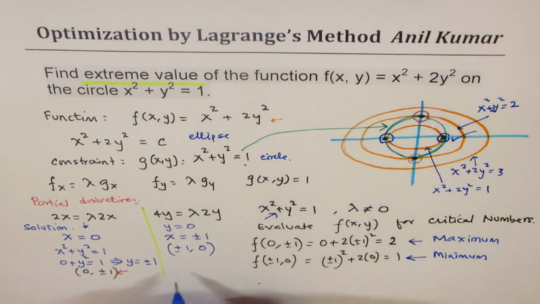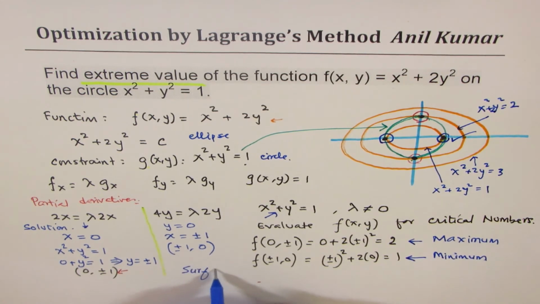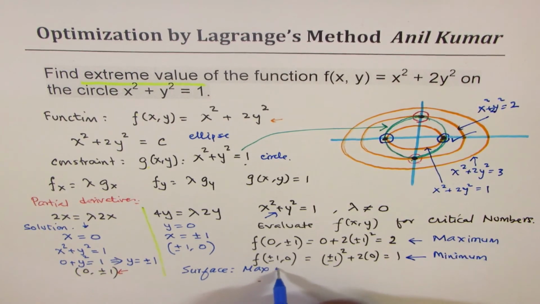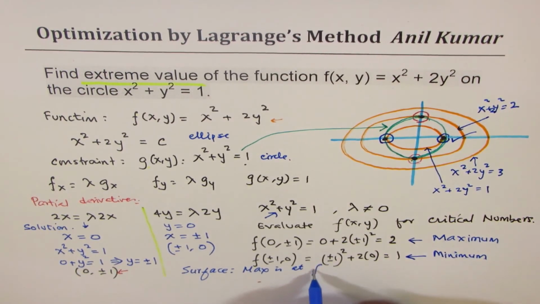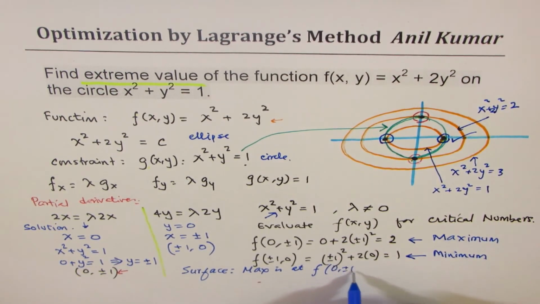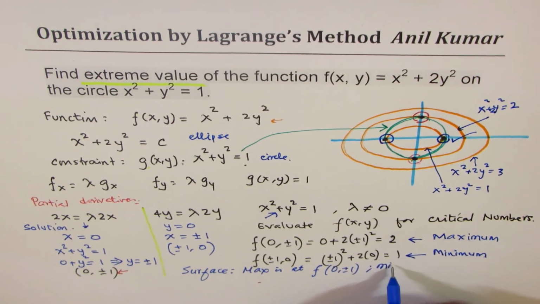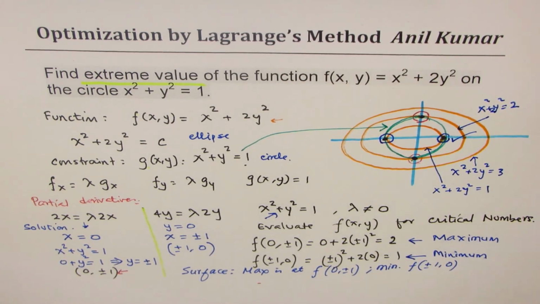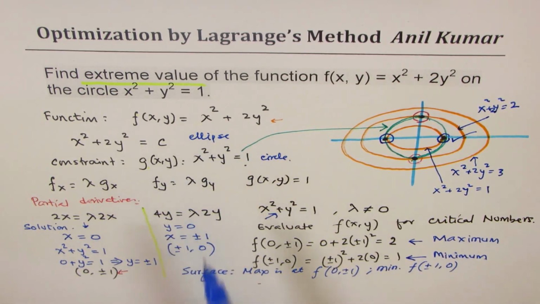So on this particular surface, what we find is that the maximum is at f of 0 plus minus 1 and the minimum is at f of plus minus 1, 0. Do you see that? And the values are 2 and 1 respectively. So that is how we could algebraically solve the given question.